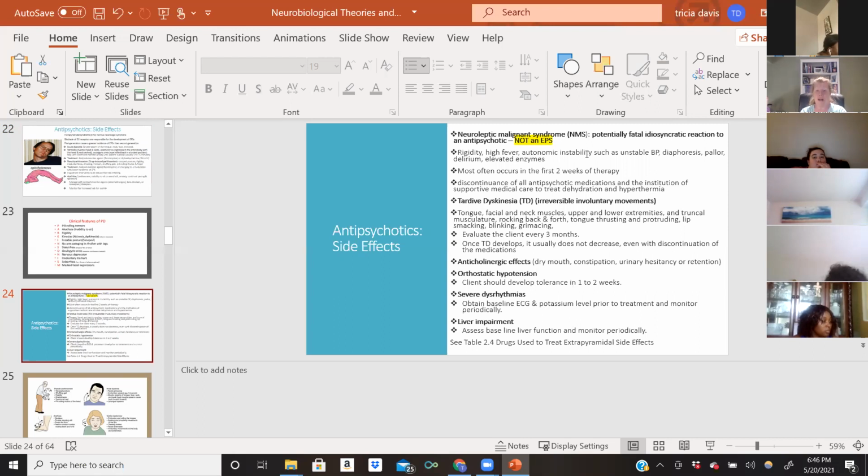Patients can also develop tardive dyskinesia, which is irreversible involuntary movements. So this is where the tongue, the facial and the neck muscles, the upper and lower extremities, and the truncal musculature all kind of get stiff, or sometimes they can't control them very well. The patient may be rocking back and forth.